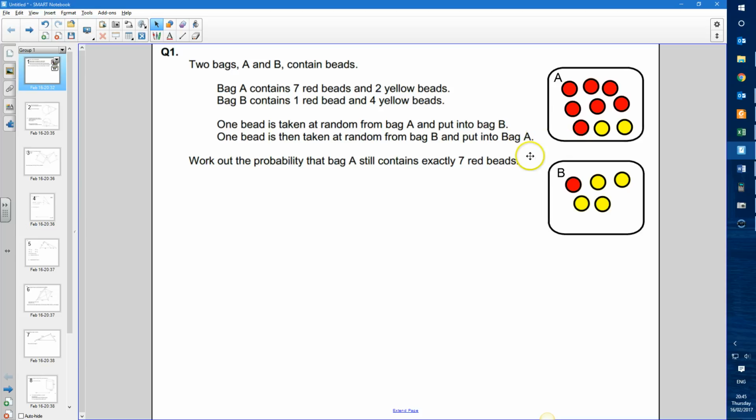So we need to get a sense of what's going on in this problem. If we're taking a bead at random from bag A, let's imagine that bead was red.